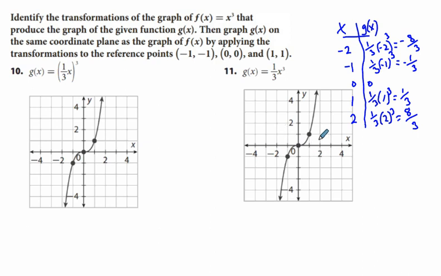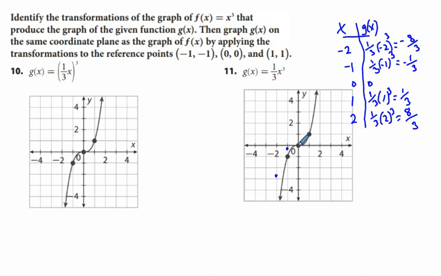So for negative 2, we have negative 8/3. Negative 8/3 is a little bit greater than 3/3, so it's going to be like this. For negative 1, we have negative 1/3, so it'll go like this.